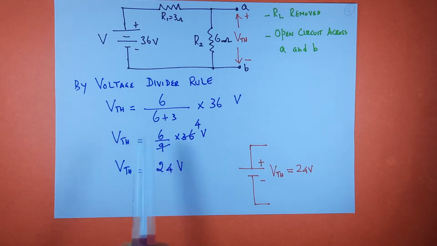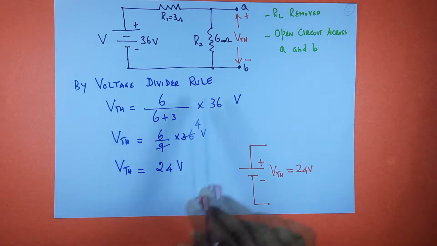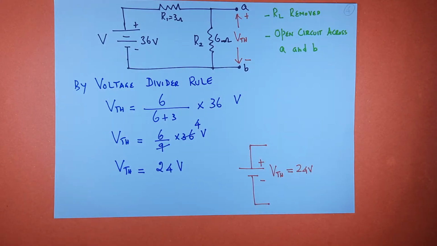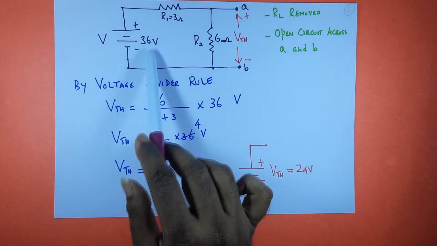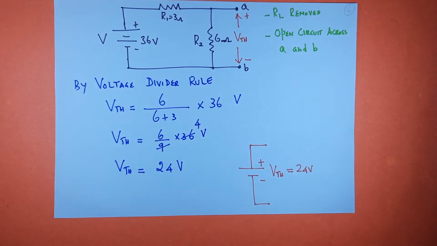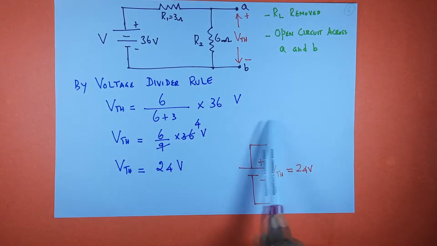So in this case, V Thevenin equals the value of that resistor, 6, divided by the sum of the resistors, 6 plus 3, multiplied by the source voltage, 36 volt. If you simplify this, you get V Thevenin equal to 24 volt. So the V Thevenin is represented like this, that is 24 volt.